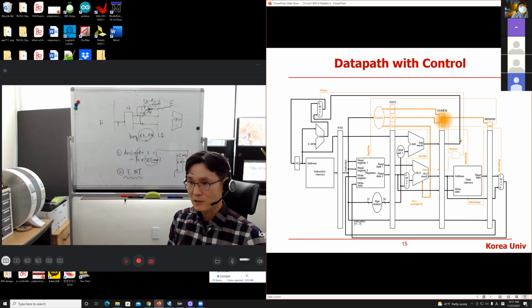Then this AND gate is taking its first input from this control unit and its second input from the ALU zero output. So by taking this, it can tell you. Follow this line, the output is connected to this multiplexer. What is this multiplexer selecting? The first input is PC plus 4.